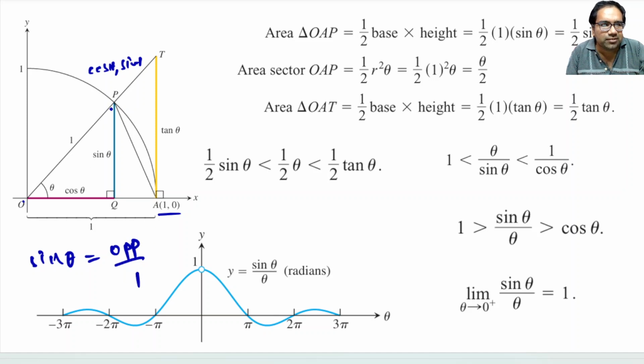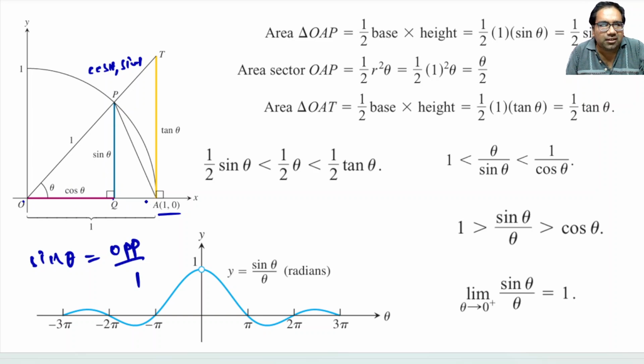So obviously the opposite side should be equal to sin theta. Similarly, cos theta is adjacent side by hypotenuse, which is 1. So that's why this should be cos theta. Now this length PQ is sin theta and OQ is cos theta.